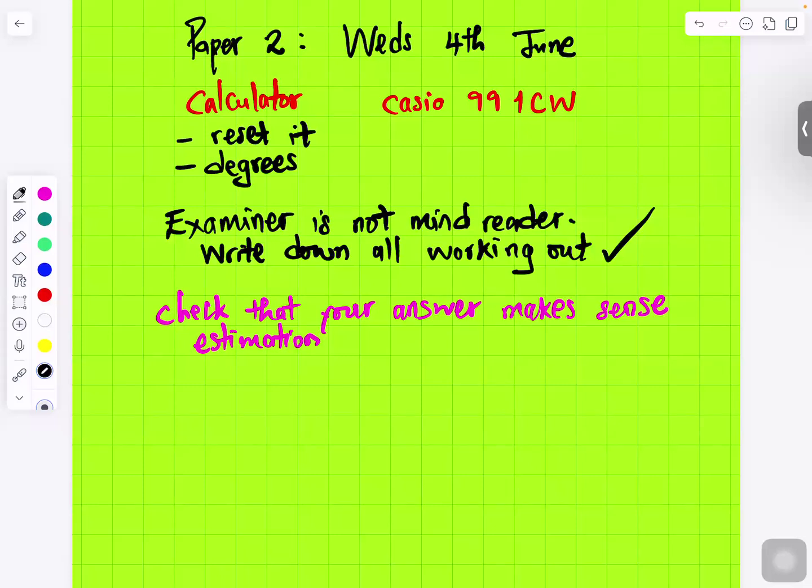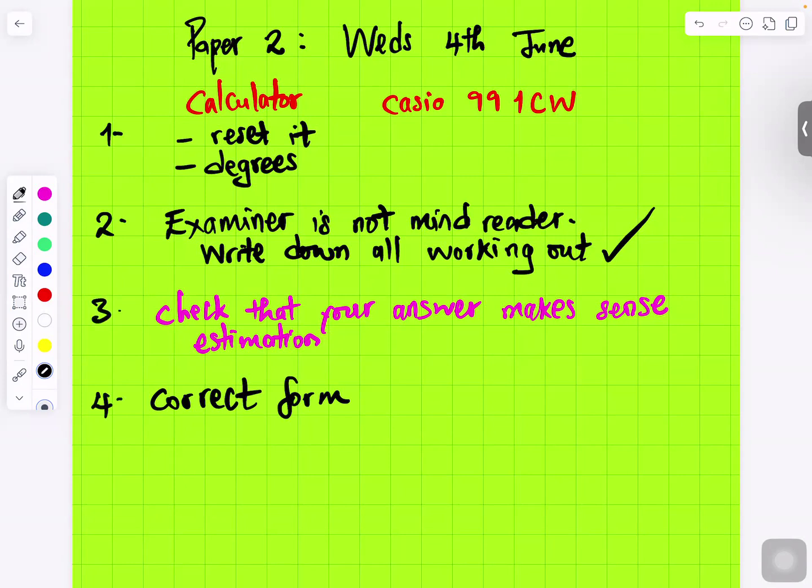And this one, students forget: give your answer in the correct form. Your answer must be in the correct form. So now you might think, what does correct form mean?